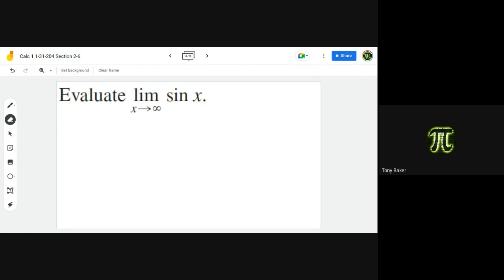So the unit circle continues to do that. If you went around the unit circle an infinite number of times, would it approach a single number or would it just keep going around the circle? You're just going to keep going around the circle, right? So does it approach any specific number? No. So this limit does not exist.